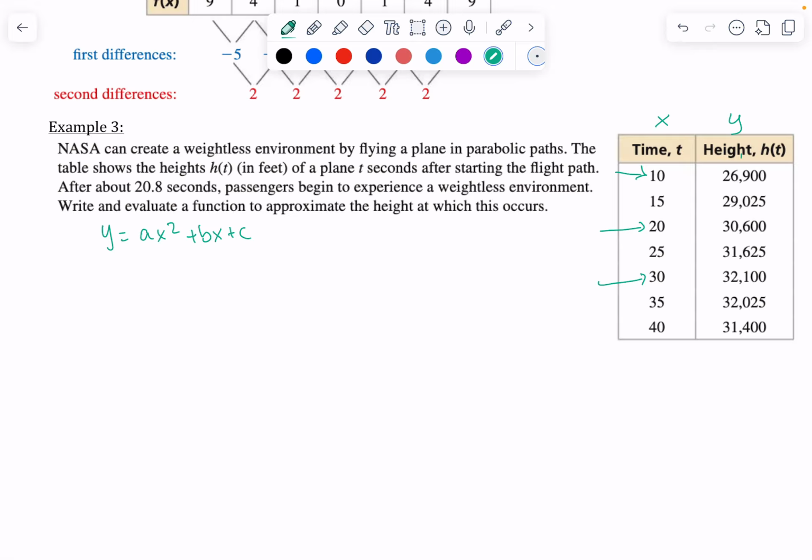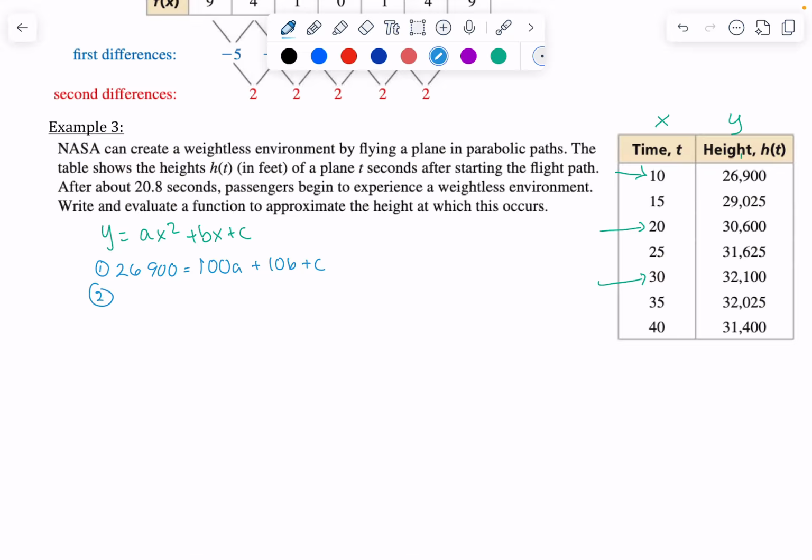So if I take those values and plug them into my equation here in standard form, I would get, for the first one, 26,900 equals a times 10 squared, which is just 100a, plus 10b plus c.